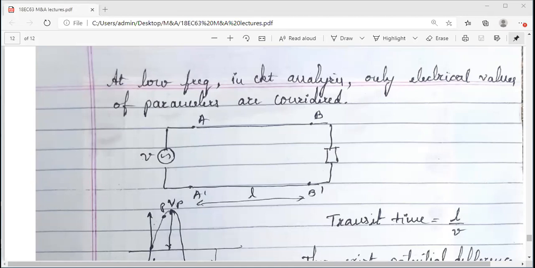Okay, no one remembers. 50 hertz. Good. You must have generally studied this even in electrical. Most of the times in India, it's 50 hertz only. But if you go abroad, I think 60 hertz is there.